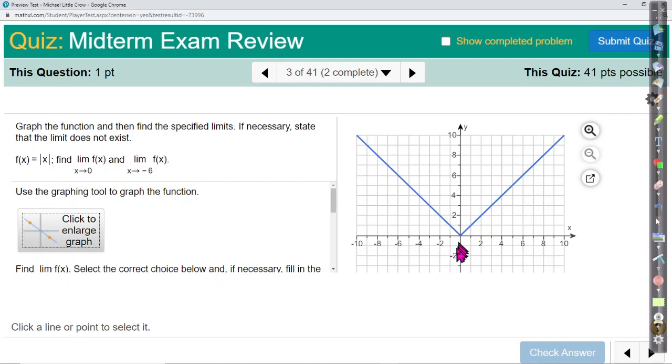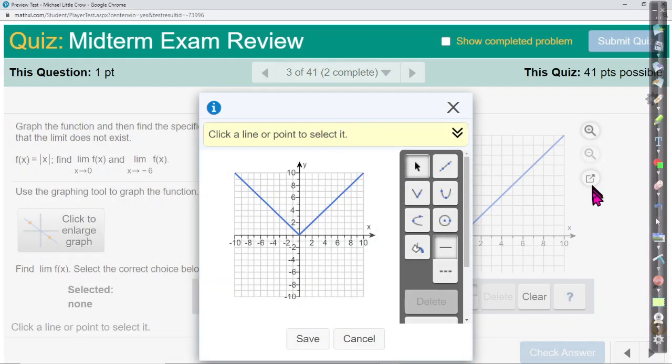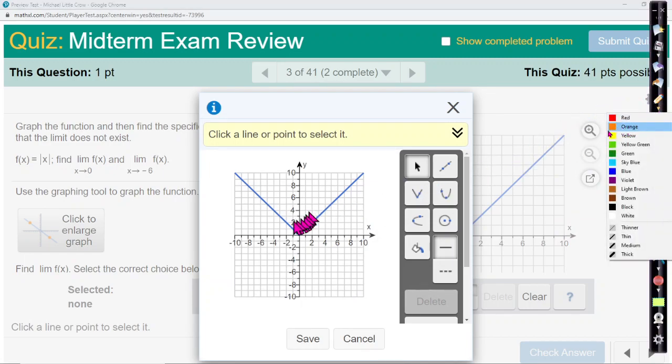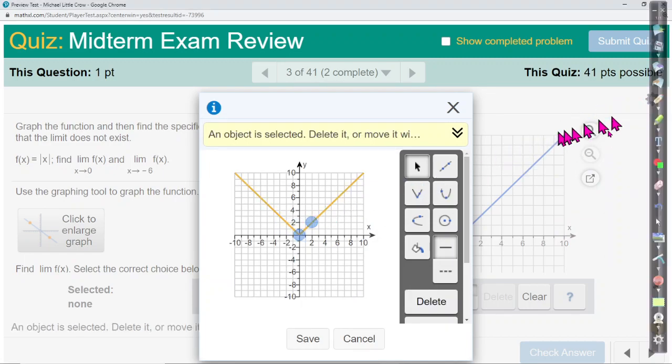Now as we go towards 0, let's go ahead and bring that back up. The limit from the left and the limit from the right are both going towards the y value of 0 when x is 0.